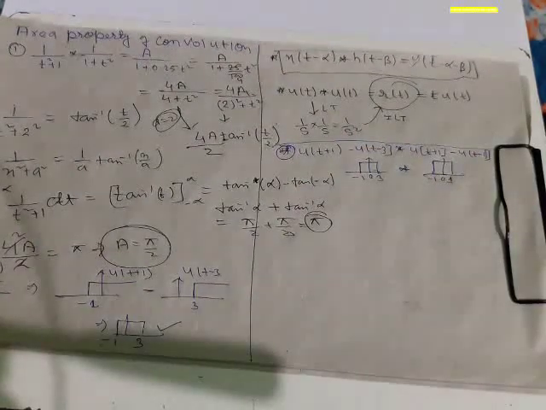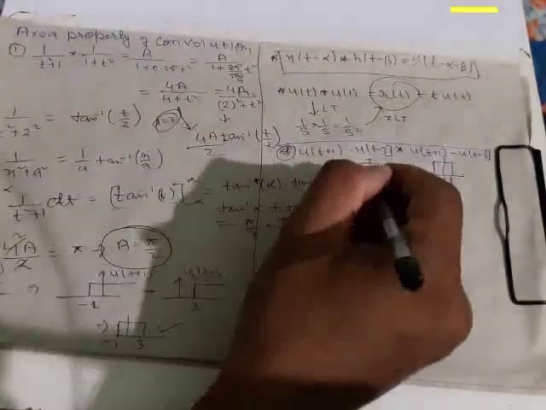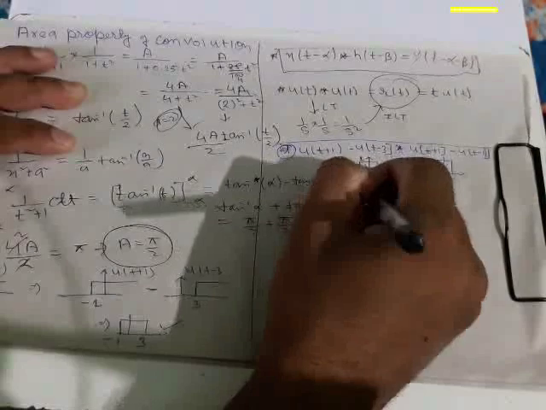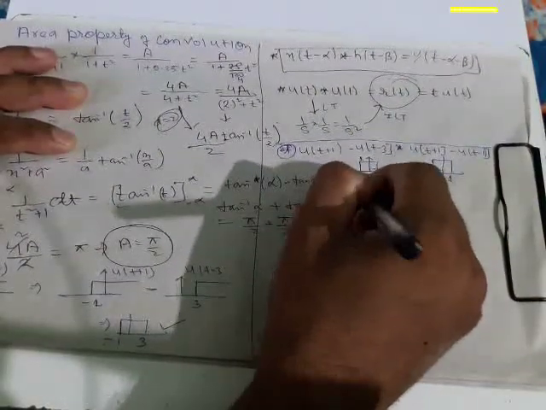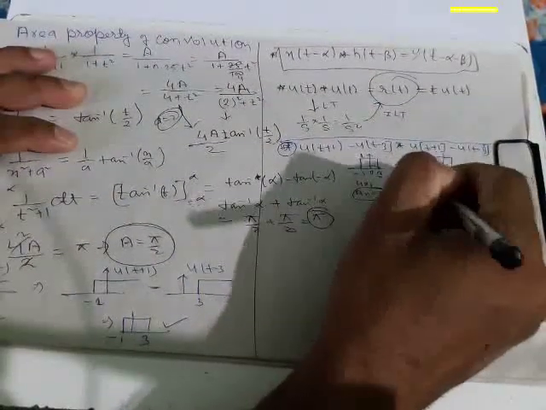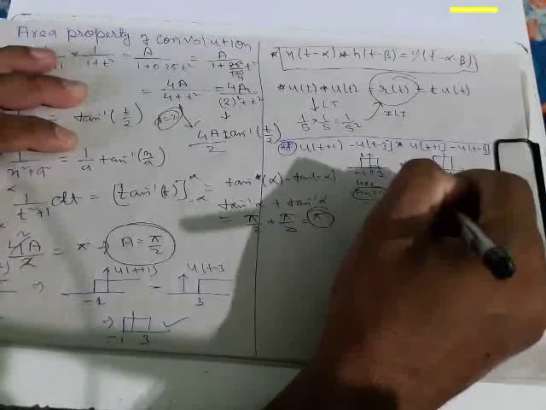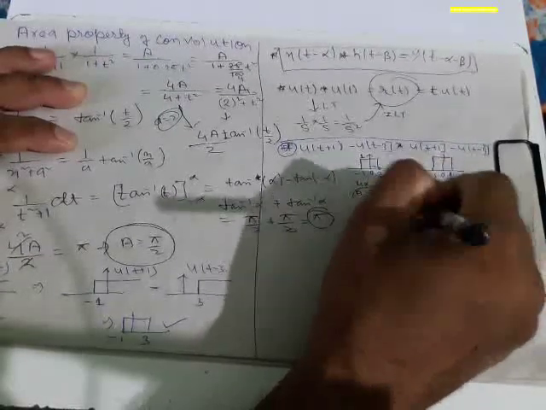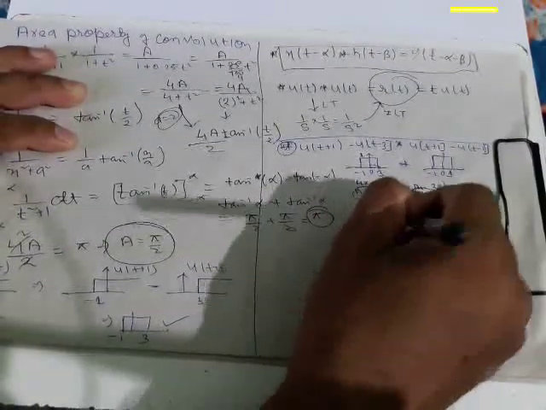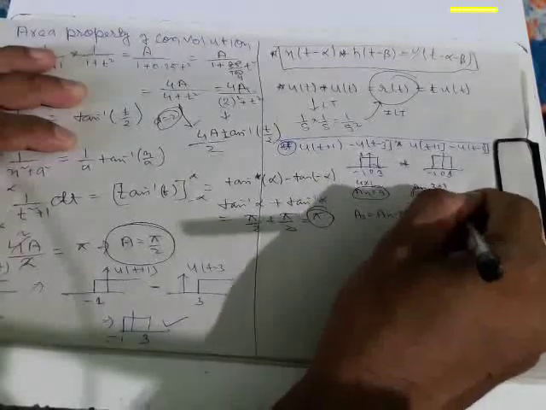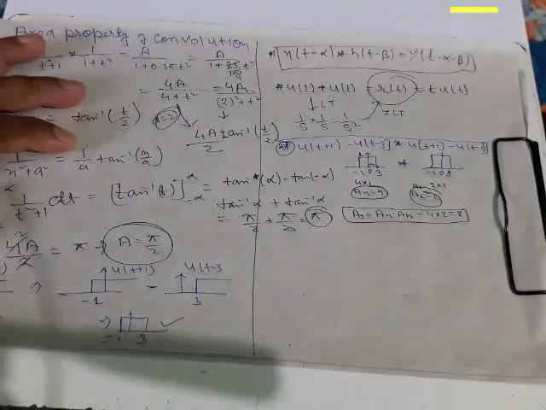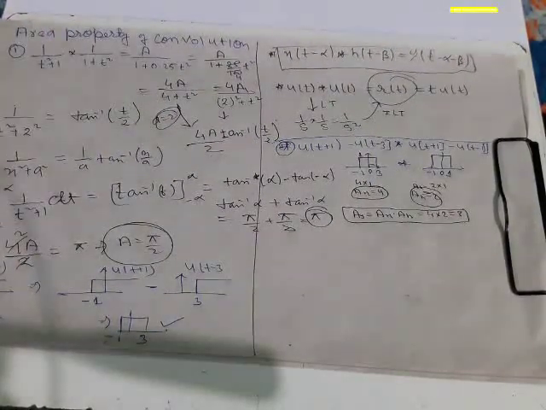Minus u of t plus 1 convolution with u of t minus 3. So first we have taken this one, this into this, and minus this into this, so minus u of t into u of t minus 3. तो पहले u of t plus 1 लिया, फिर माइनस u of t plus 1 और t minus 3.